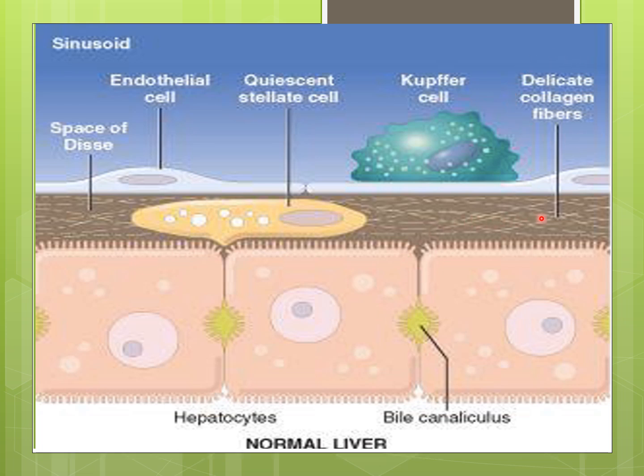This is a very thin, small collagen. I think it's collagen 4 or 5. There are many types of collagens. So this is a delicate collagen, and it's not affecting any diffusion of substances between the blood and the hepatocytes. This is the normal picture.